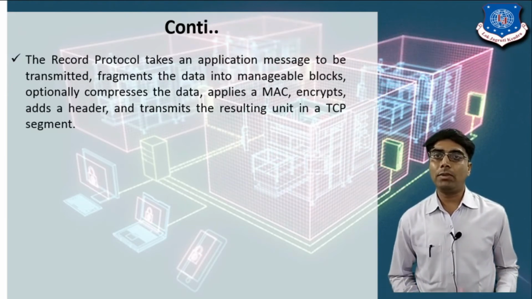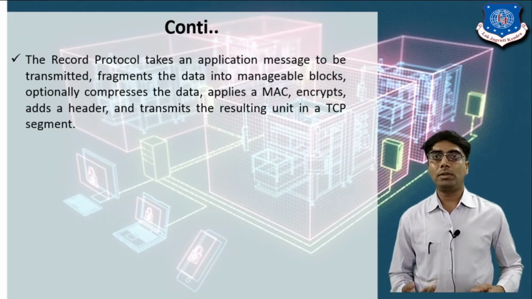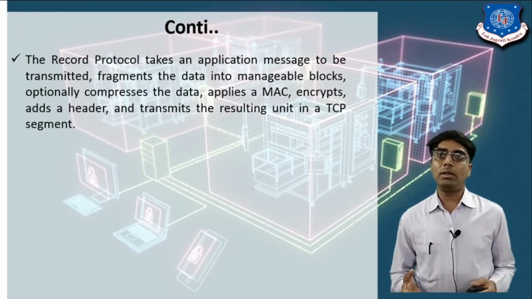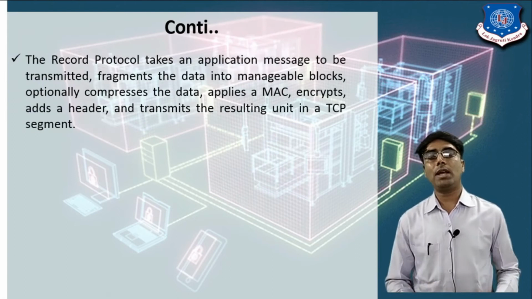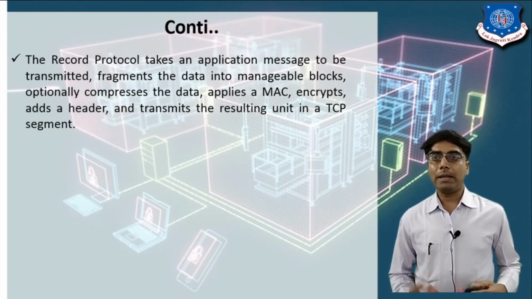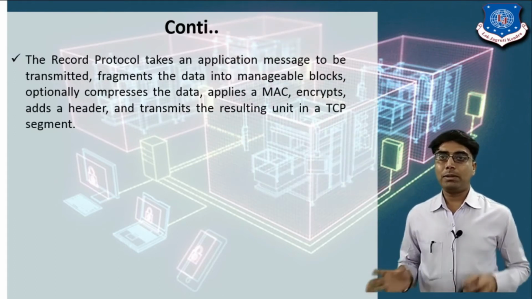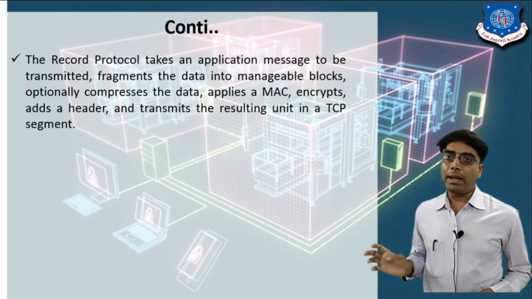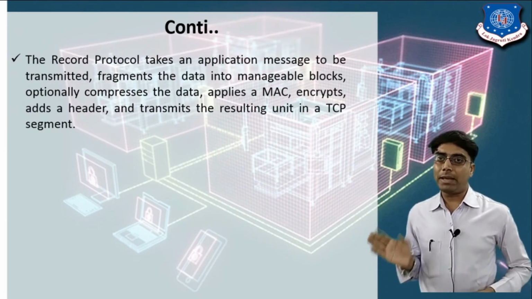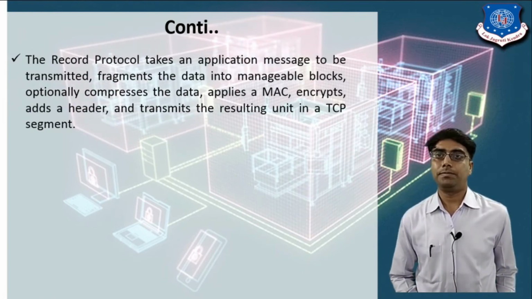After that we calculate the MAC, the message authentication code. After that the MAC is appended to the compressed data. After that we apply the encryption. After applying the encryption we add the header, and after that this whole message is transmitted as the resulting unit in a TCP segment.